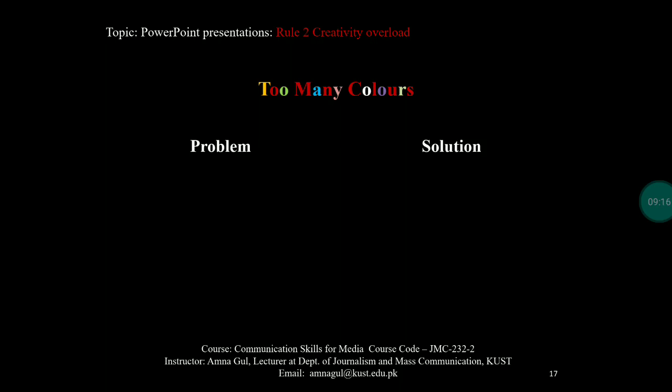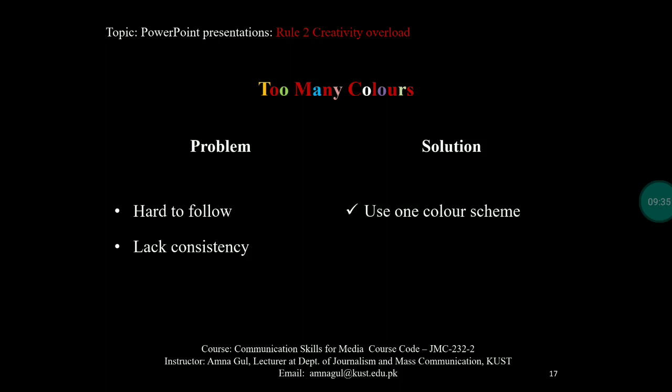The second point, too many colors. Yes, one is tempted to use so many colors because there are so many options available. However, this is not a good option because it is hard to follow for the readers and it lacks consistency. So the solution is to use one color scheme and to be consistent with that and even to be content with that.